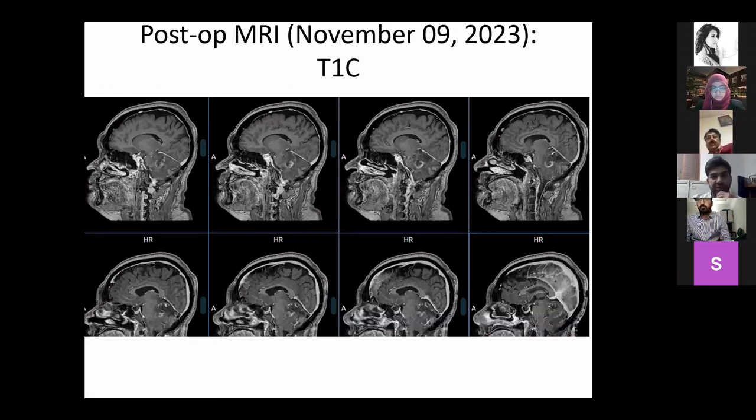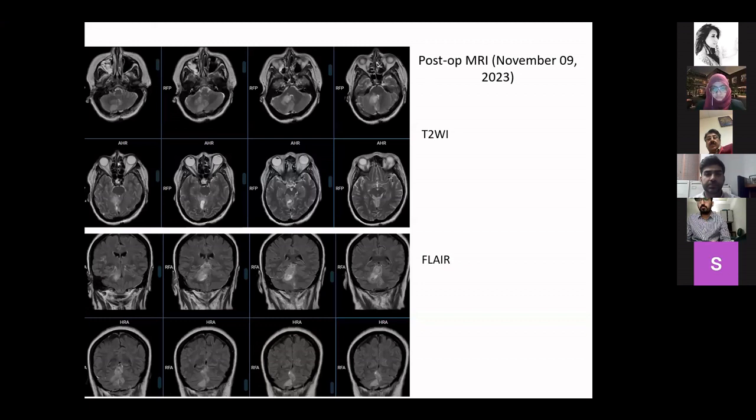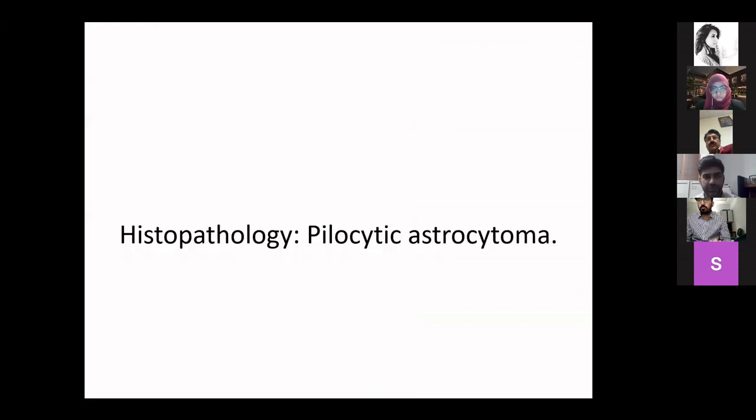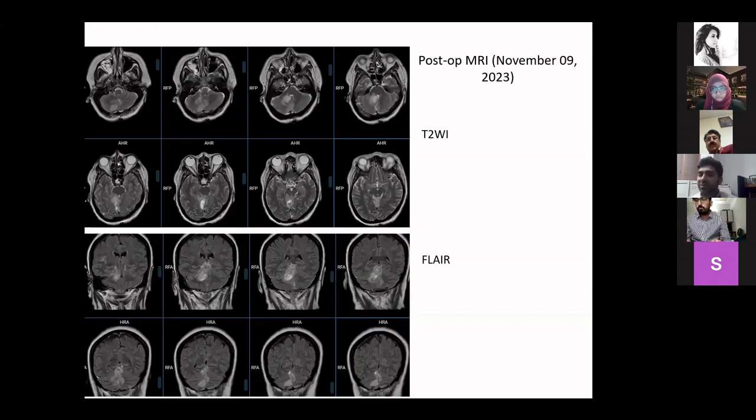Here also we see some. Yes, it is seen here as well that there is reduction in volume, but still there is some residual enhancing component present in the surgical bed. Same findings redemonstrated. Right. So, okay, we have Dr. Shayan also. Dr. Shayan, do you want to add something?